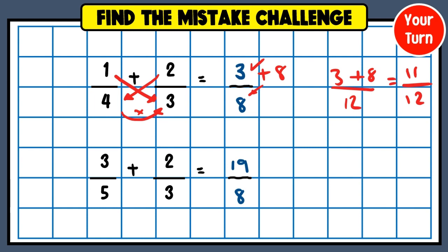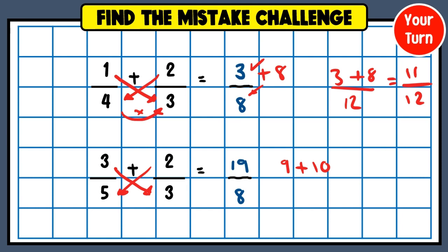Second one, 3 over 5 add 2 over 3. Step 1, let's times the numerators by the opposite denominators. So 3 times 3 is 9, and 2 times 5 is 10. Oh dear, what's happened here now? I've got 19 over 8.